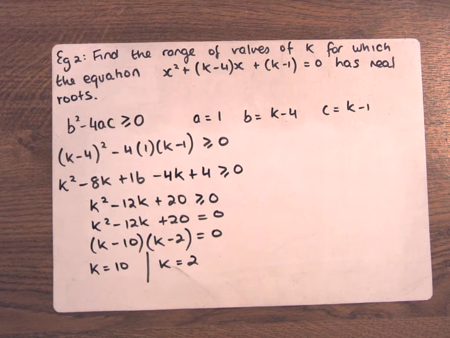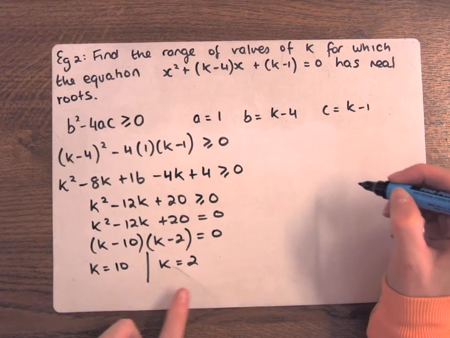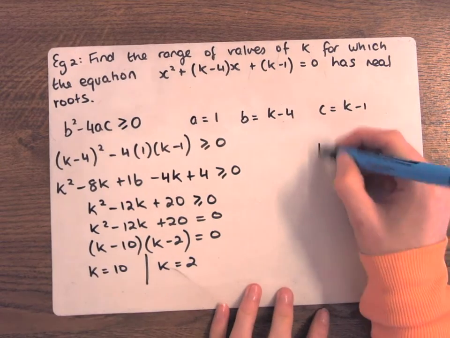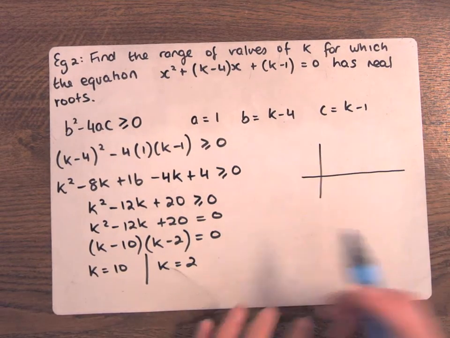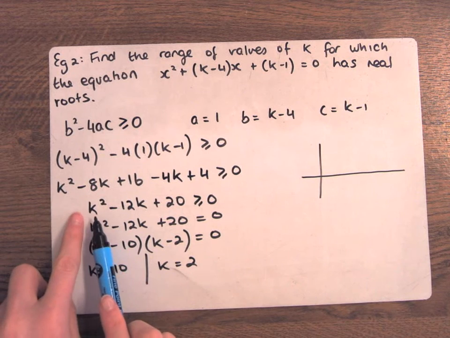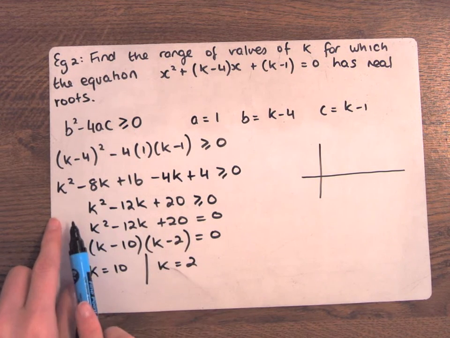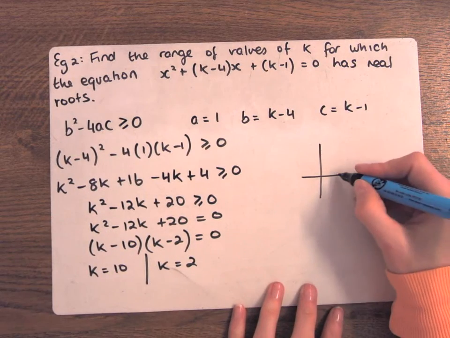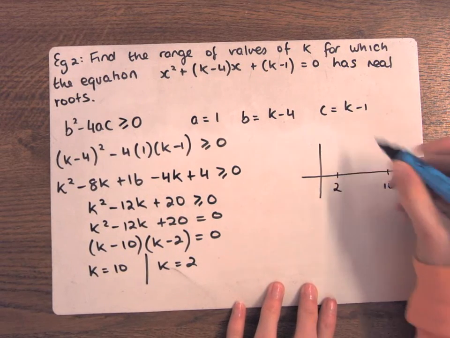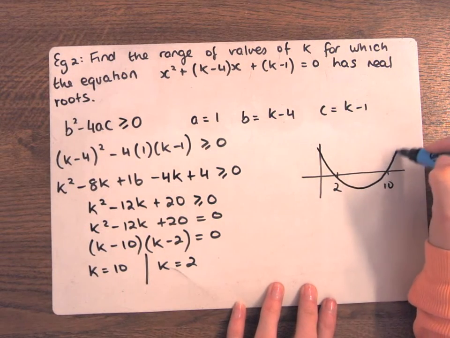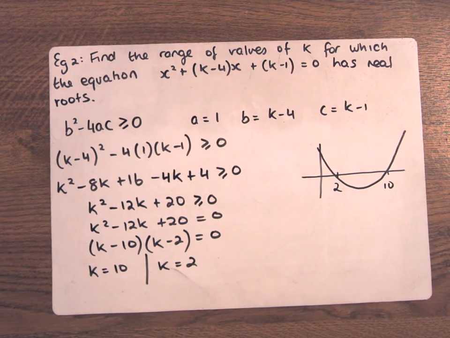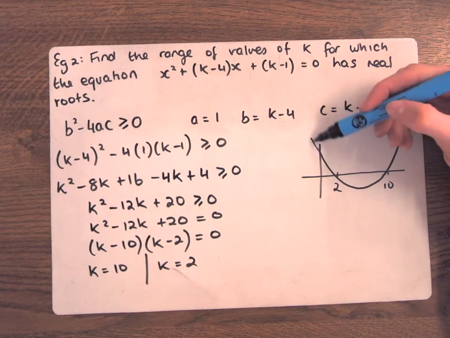Now you need to draw your graph. So I'm going from 2 to 10. And I'm looking here, k squared minus 12k plus 20. Is that U-shaped or N-shaped? U. So there's my 2. There's my 10. Everyone okay with that?